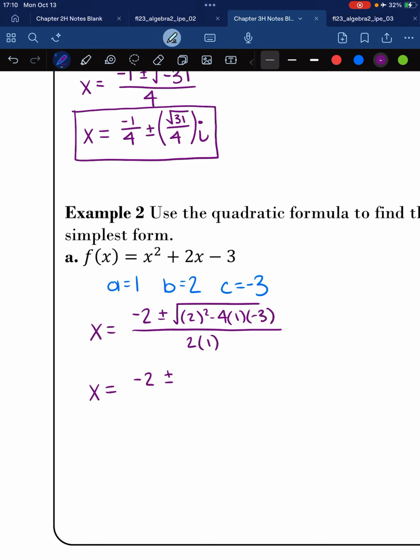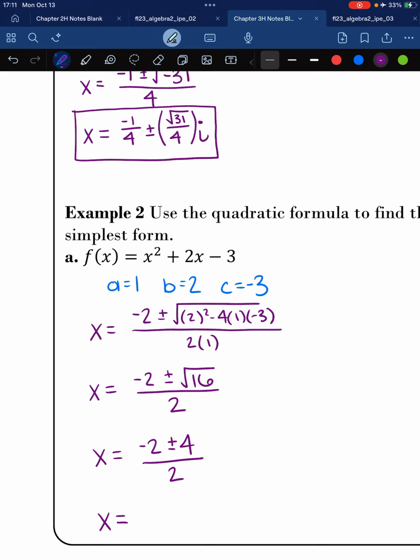Alrighty. -2 plus or minus 2 squared is 4. And then we have plus 12. 4 plus 12 is 16. Ooh, this is exciting. We have a perfect square here. So we end up with -2 plus or minus 4 divided by 2.